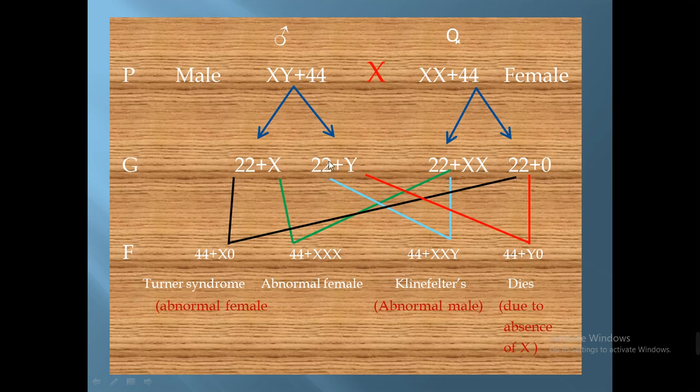And the last type of fertilization is between this sperm 22 plus Y and this ovum which is empty of X chromosome, 22 plus 0. So the result will be 44 plus Y0. This fetus or child will die. Why? Due to the absence of the X chromosome, which is called the life chromosome.